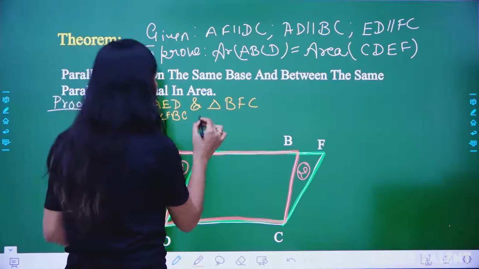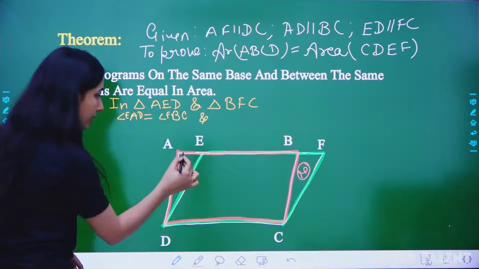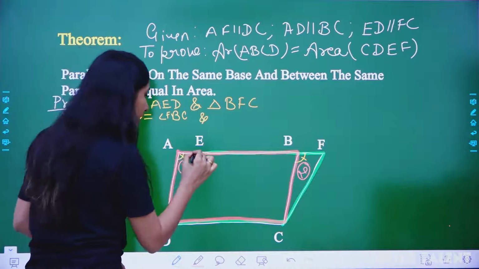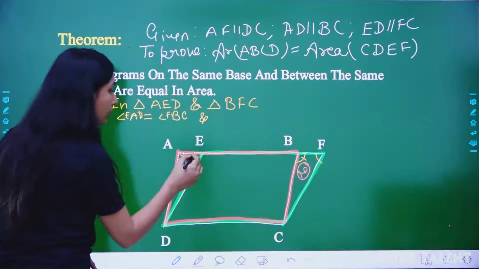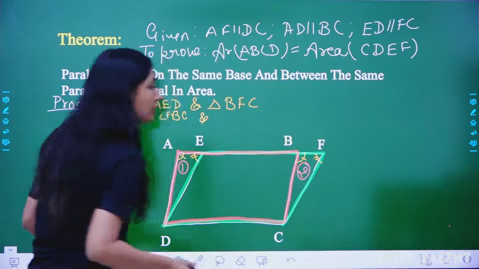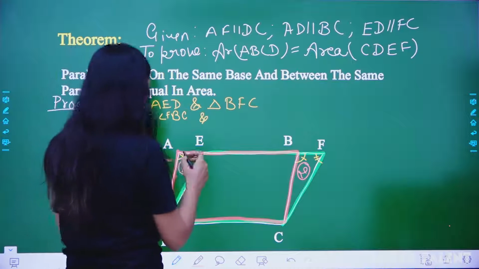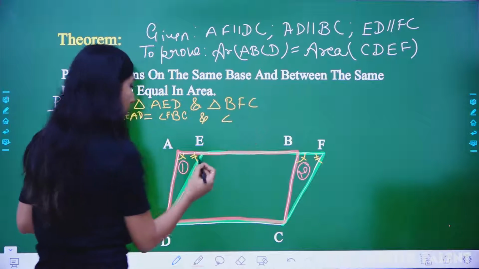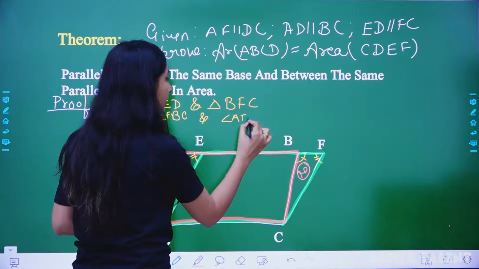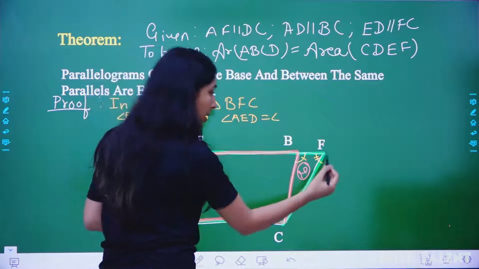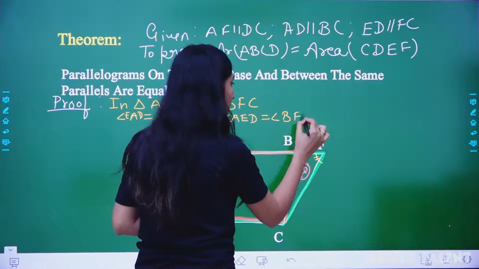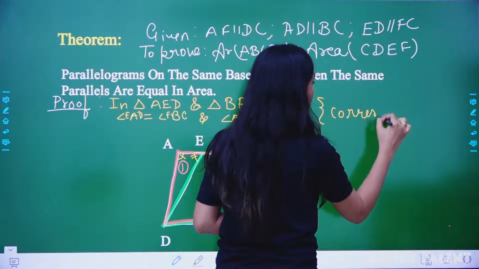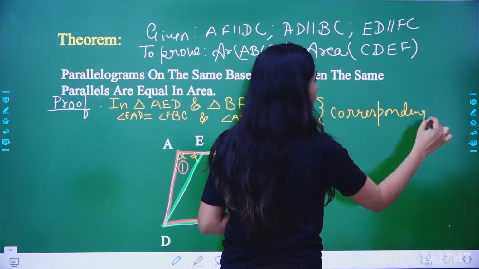And these two angles are also equal. I'll tell you why. This angle AED is equal to angle BFC. Why? Because they are corresponding angles.